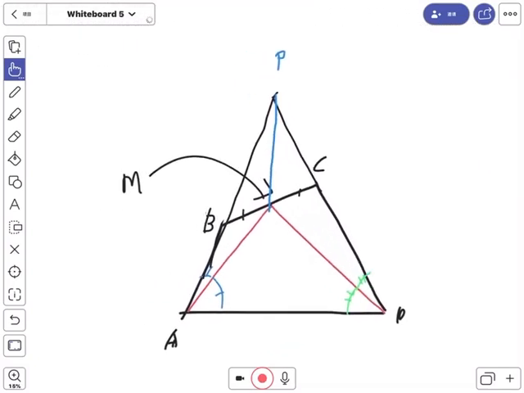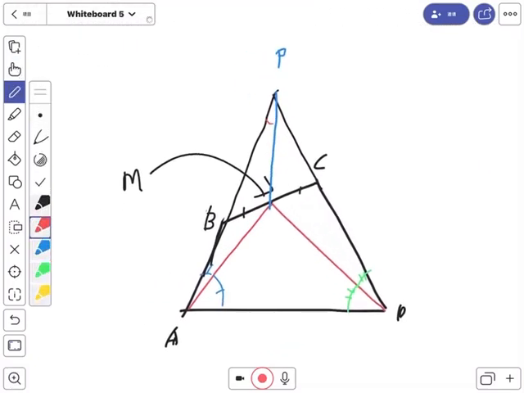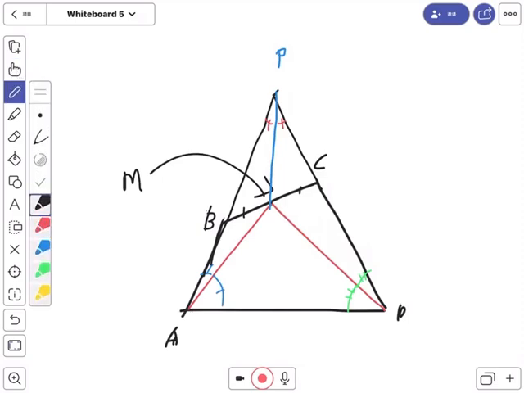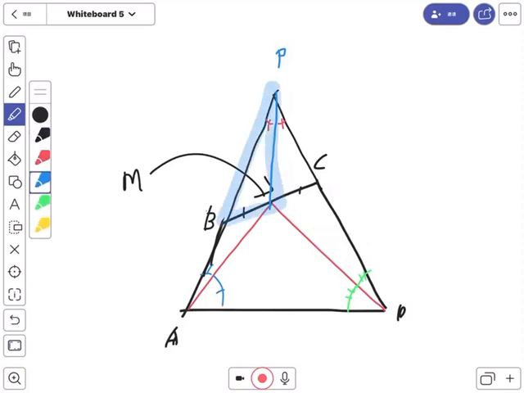So these two angles are congruent. Let's call this M, then angle BPM is congruent to angle CPM. Although this doesn't really look like the case, let's focus on this triangle and this triangle.